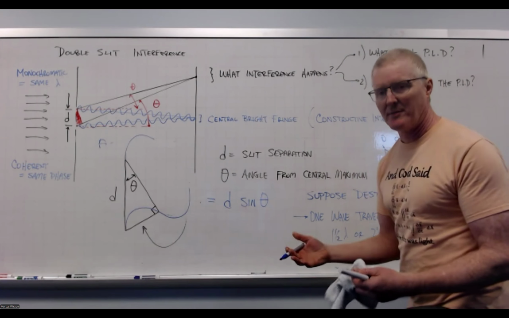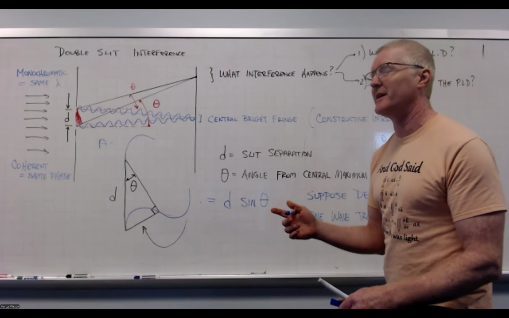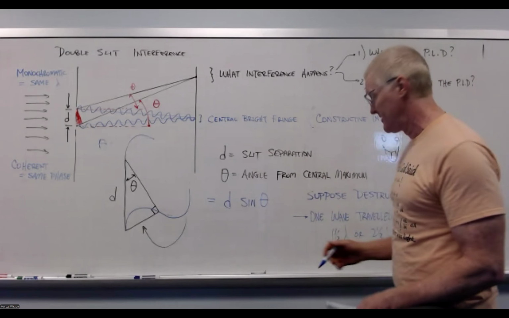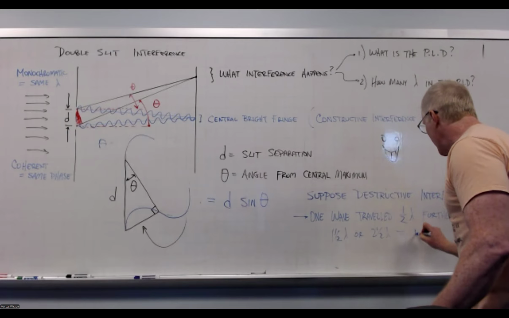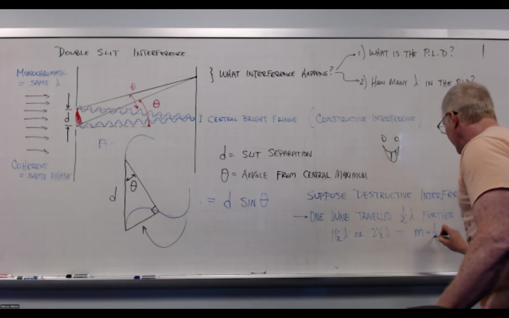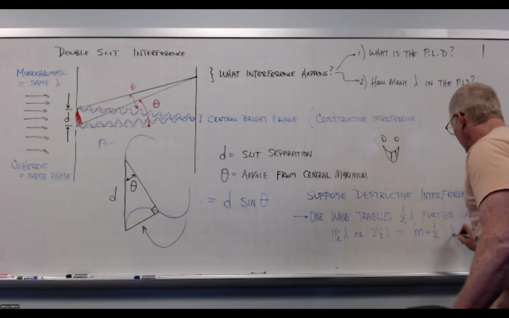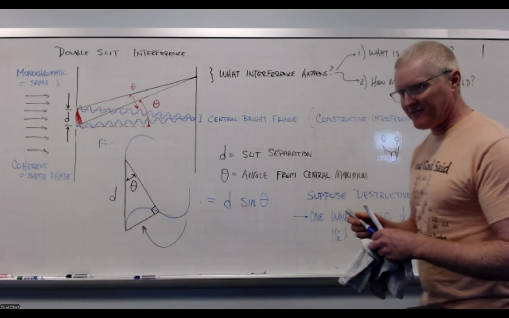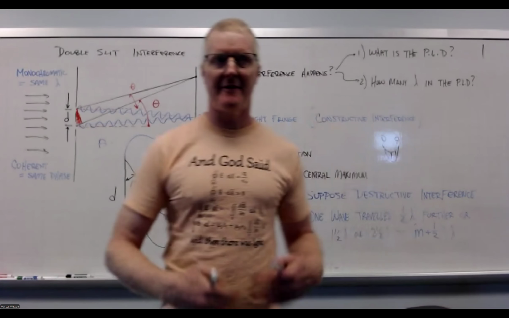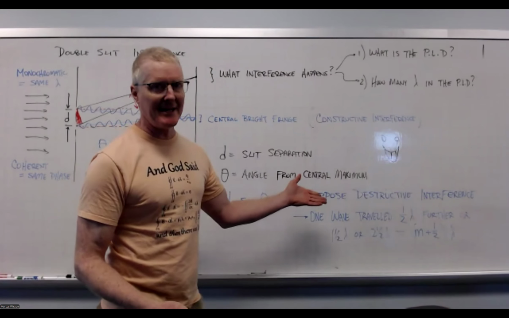In other words, it's like a number plus a half. So let's just call that m plus a half. If I just generalize half, 1.5, 2.5, 3.5, 4.5, it's like adding an integer to the half.